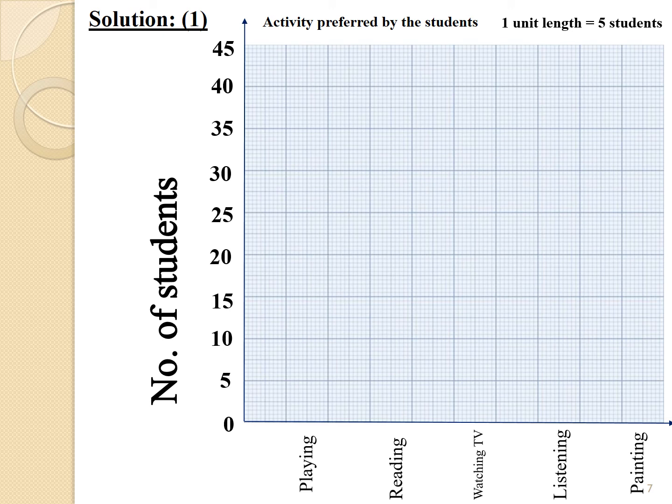Playing. 45 students preferred playing, so you have to draw vertical bar touching the mark 45. Now reading. 30 students preferred reading, so you have to draw vertical bar touching the mark 30. Watching television. 20 students preferred watching TV, so you have to draw a vertical bar touching the mark 20.